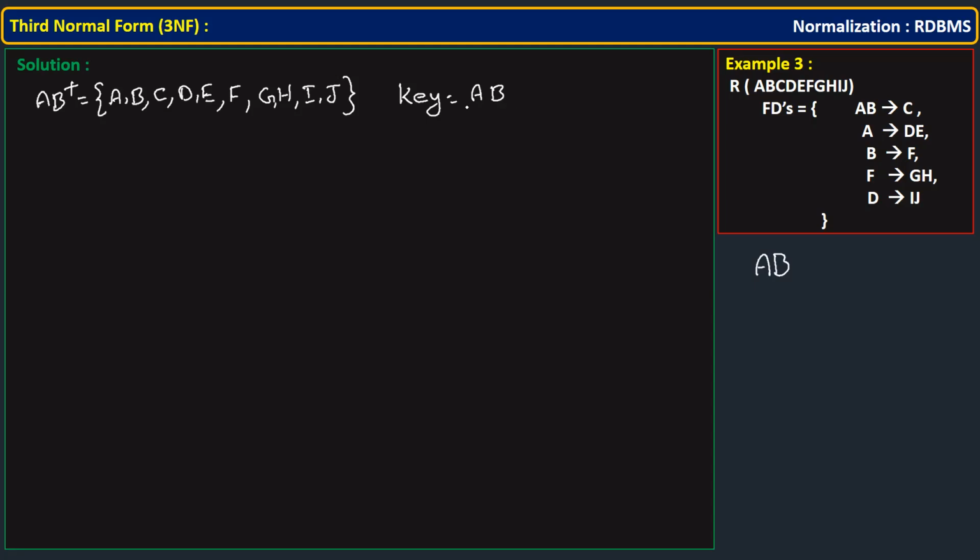Then now check whether it is in second normal form or not. So you can see A deriving other attributes here. Yes, this is a full functional dependency, but this is a partial functional dependency because it is part of the primary key, that means a prime attribute deriving non-key attributes.